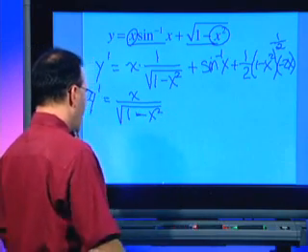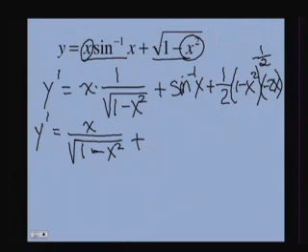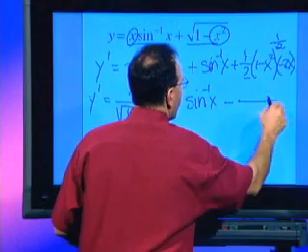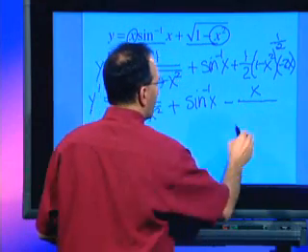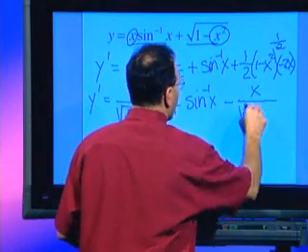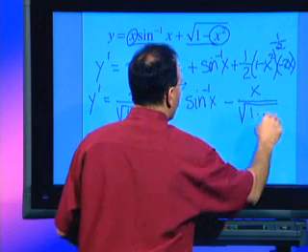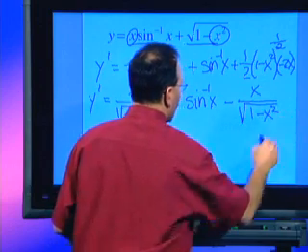Then we have plus the sine inverse of x, and then at the end we have minus, because of the minus and the plus here, the 2's cancel, and we have x over the square root of 1 minus x squared.